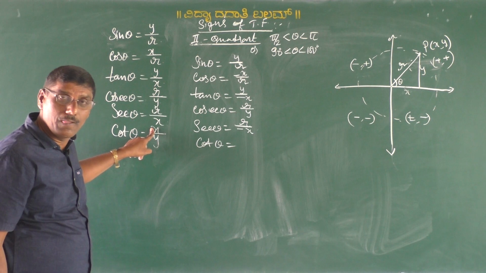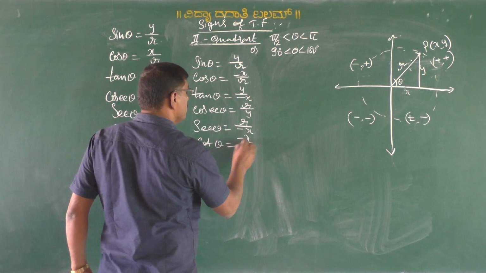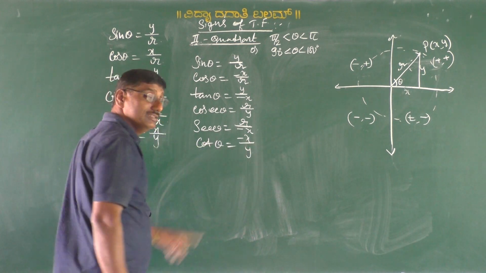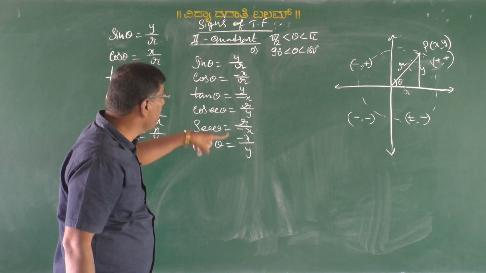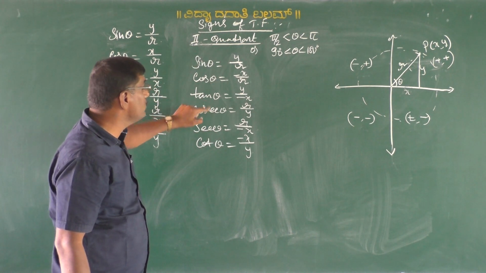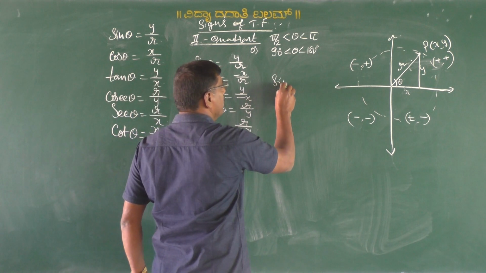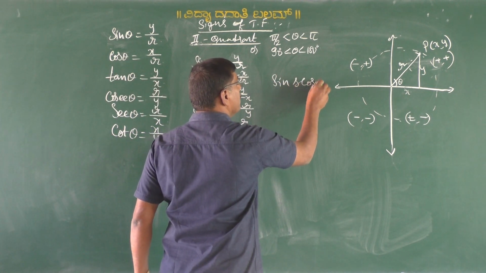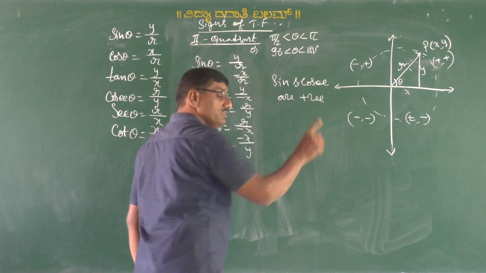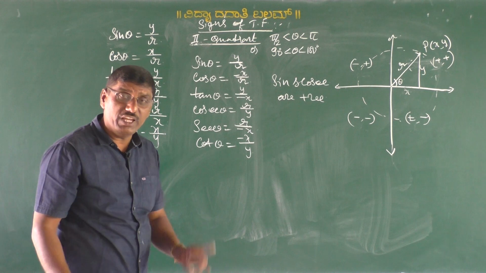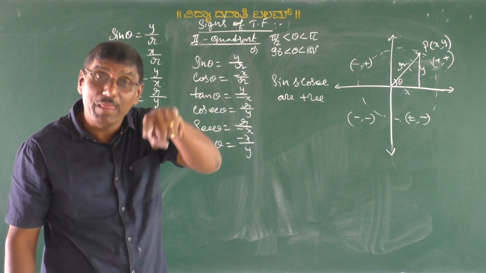Cot theta: minus x divided by y. In this case, sine and cosecant are positive, which means the remaining 4 trigonometric functions are negative.